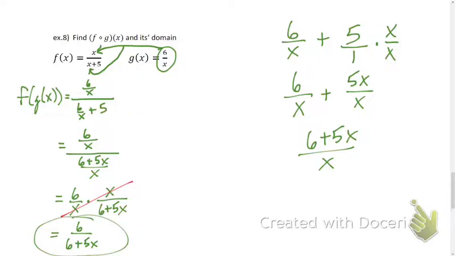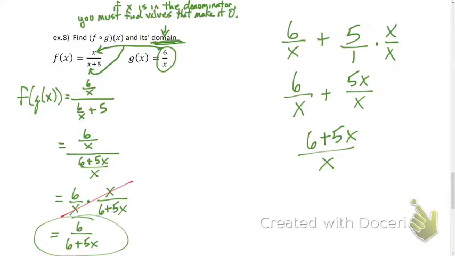Now, unfortunately, it also asks for the domain. So I'm going to write a little note here. If x is in the denominator, and it is, you must find values that make it 0.